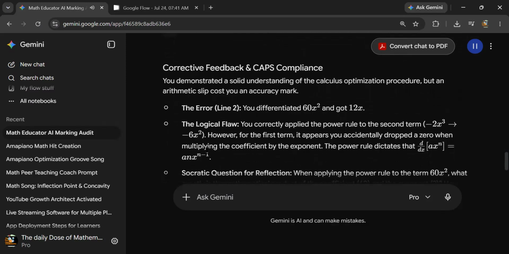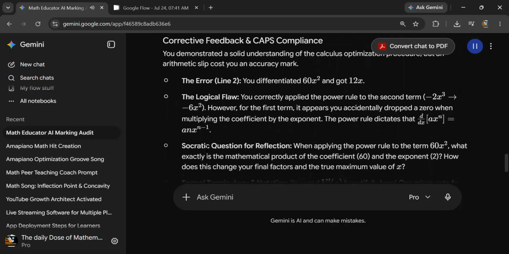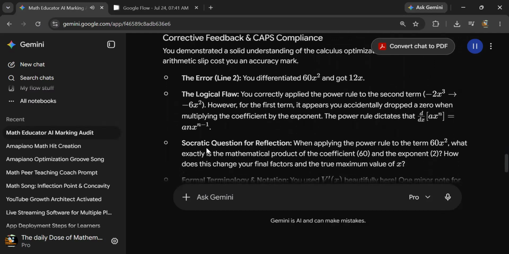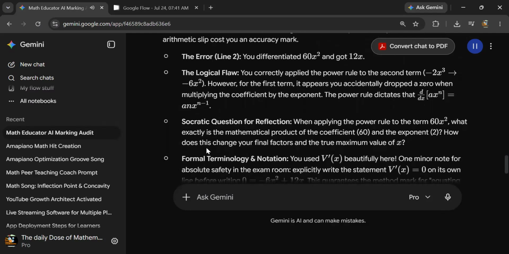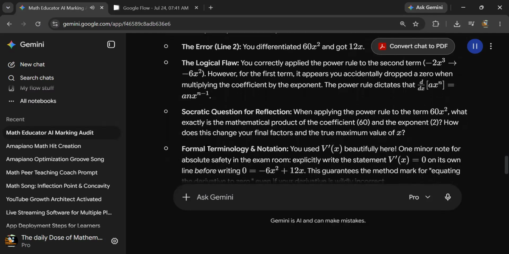The logical flaw: you correctly applied the power rule to the second term, minus 2x cubed, giving minus 6x squared. However, for the first term, it appears you accidentally dropped a 0 when multiplying the coefficient by the exponent. The power rule dictates that d/dx of ax^n equals anx^(n-1).